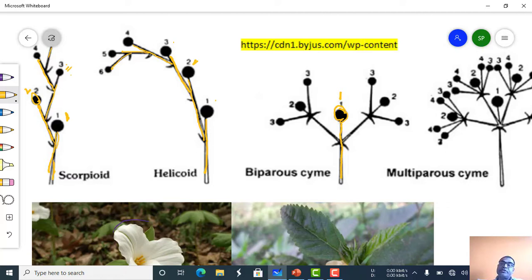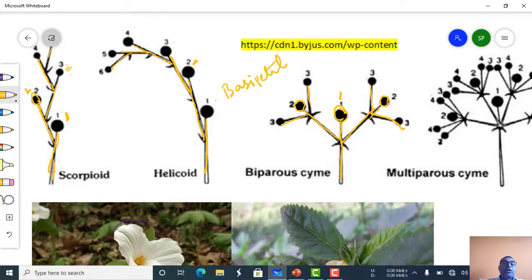Laterally it produces two peduncles, which again end in flowers. Third flowers are produced on the second peduncle, isn't it? So this is a cymose type of inflorescence and this is a basipetal type of succession.